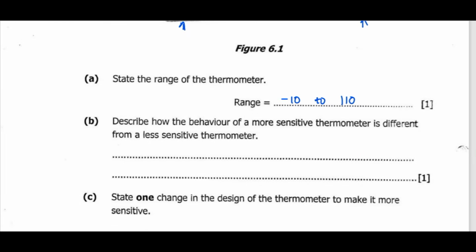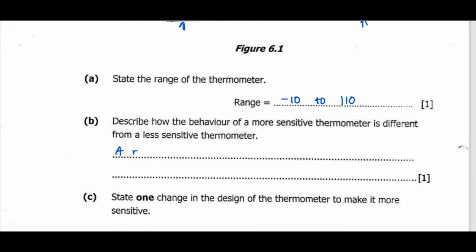Then it describes how the behavior of a more sensitive thermometer is different from a less sensitive thermometer. So a more sensitive thermometer has the ability to detect even a small amount of energy, because temperature is just the total kinetic or the average kinetic energy of a substance.